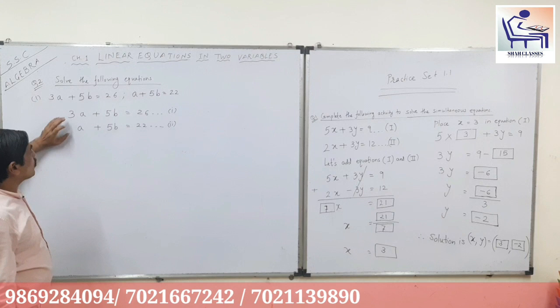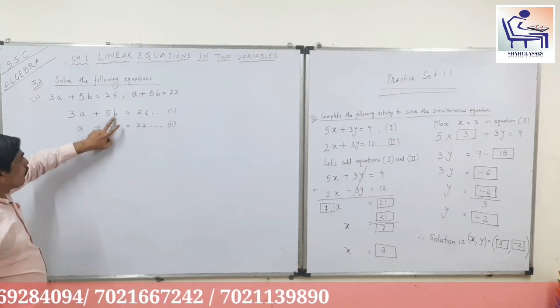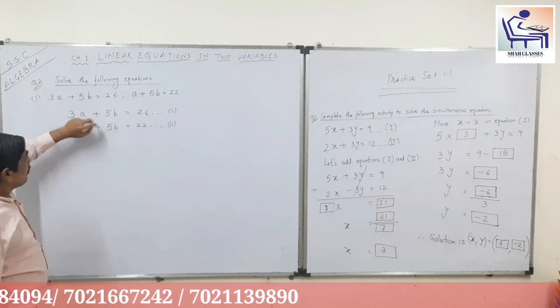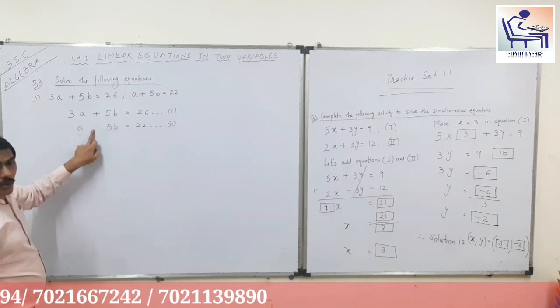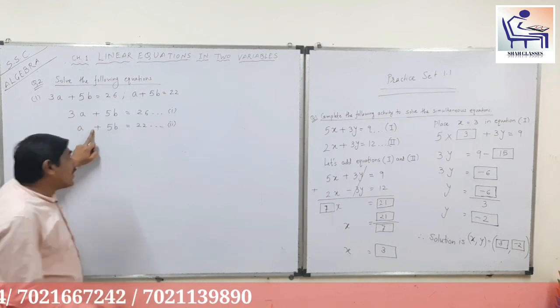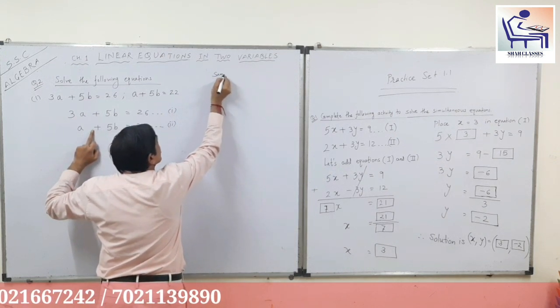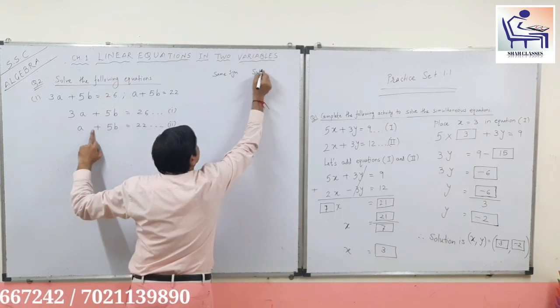Now, as you have noticed in these equations, the coefficients for variable b are already the same. And both the signs are also the same. So whenever you find the same sign, please remember this, we have to go for subtraction.